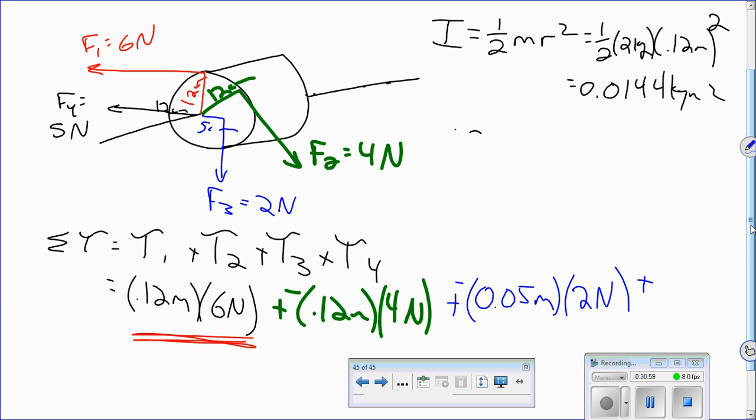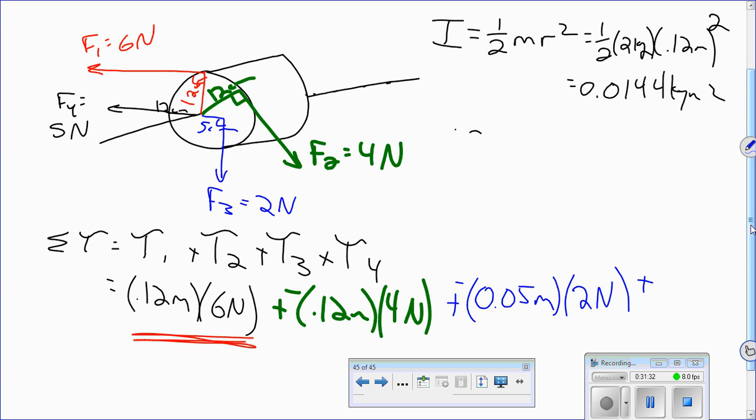Oh, it is 0. So I realize now, I kind of glossed over something really important on these 3 torques. What did I neglect to talk about that I should have talked about? The angle. Okay? If you look at the drawing, there's a little right angle symbol here, a little right angle symbol here, and a little right angle symbol here, which is telling you that in every one of those first 3 forces, the force is perpendicular to the lever arm.